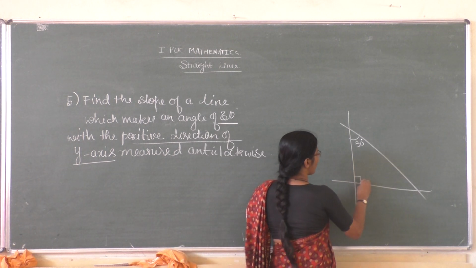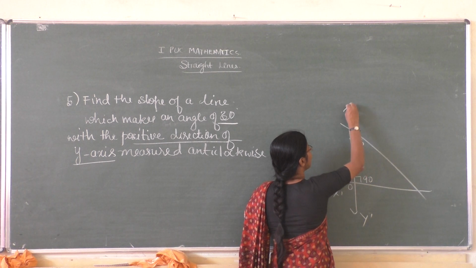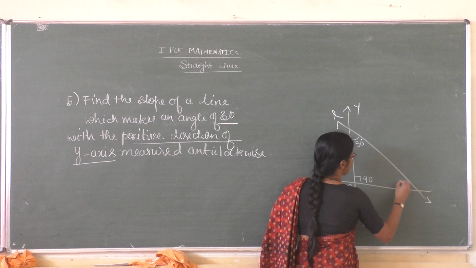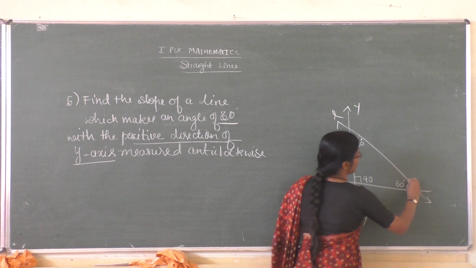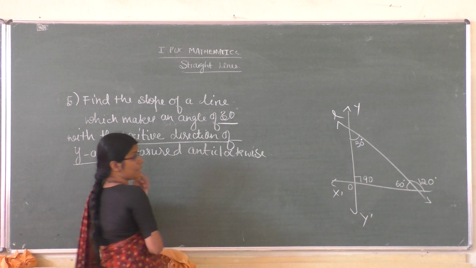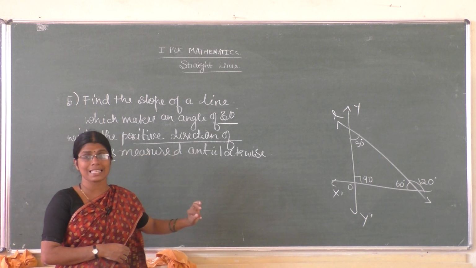Because this is 90 degree, this line L, this should be 60 degree. If this is 60, what is this? 120.